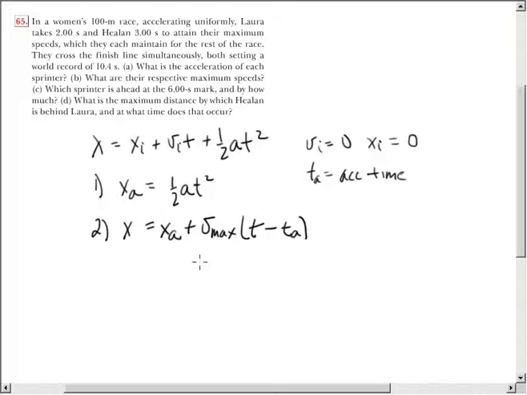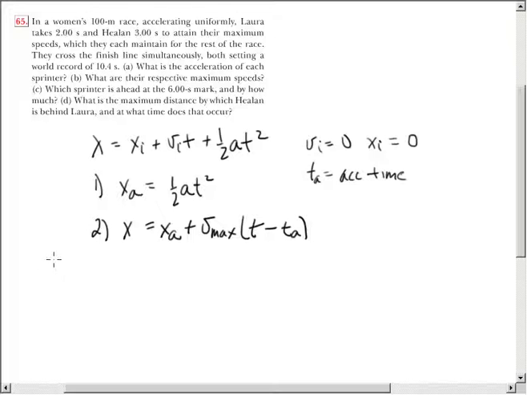Now, what do we know? Pause the video and write down what it is we know about the problem. Okay, we know the following.